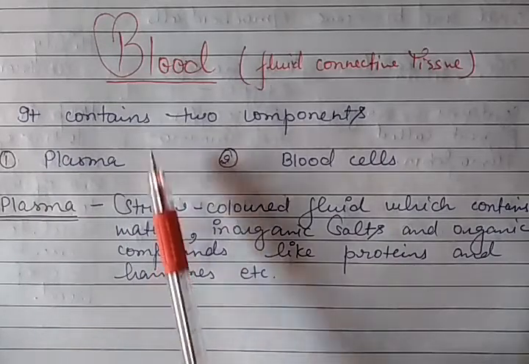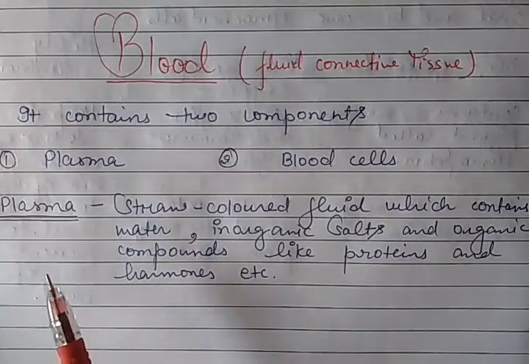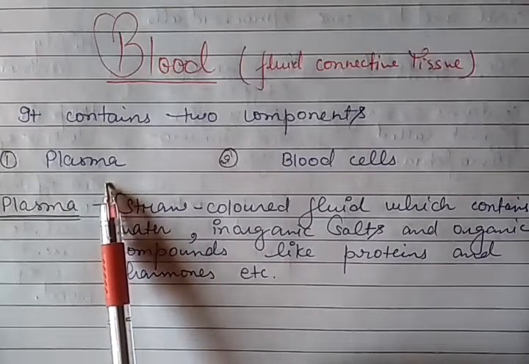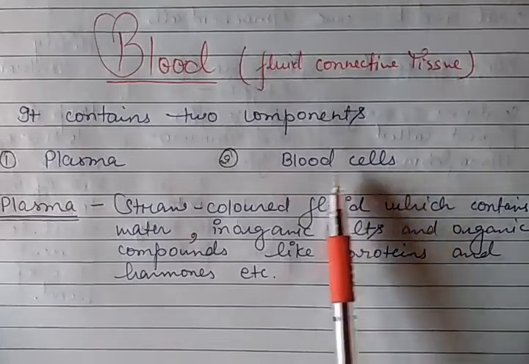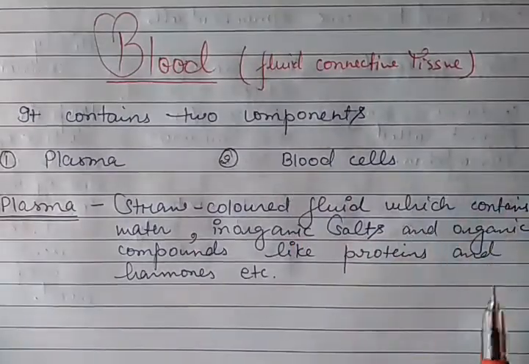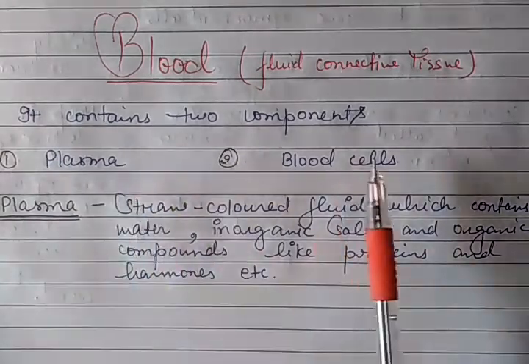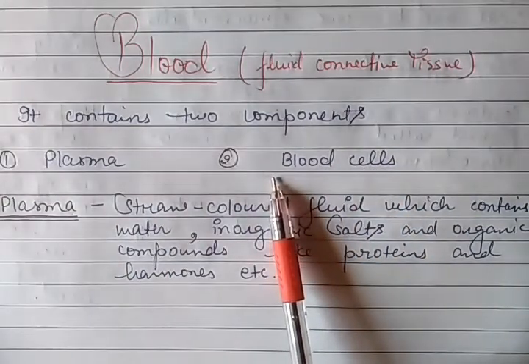In the case of blood, there is a matrix which is known as plasma. The cells which are found in the blood are called blood cells, or they are also called blood corpuscles. The matrix of the blood is plasma and the cells are called blood cells or blood corpuscles.